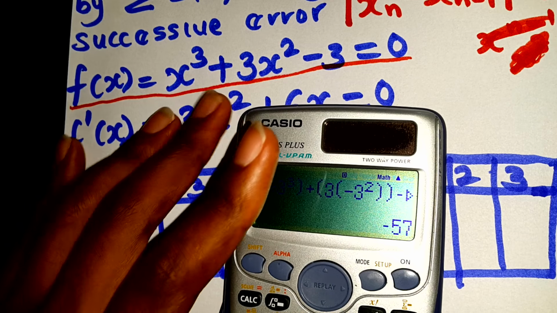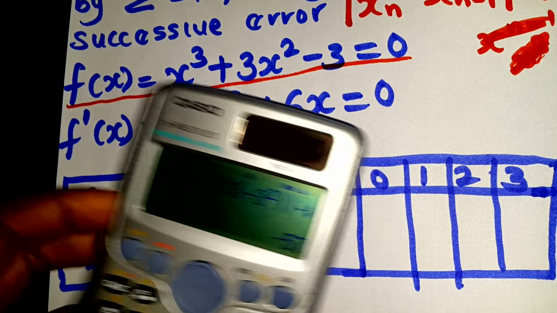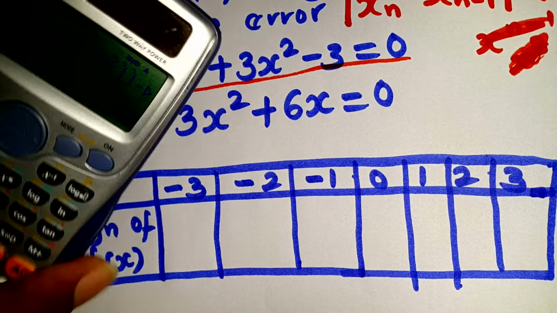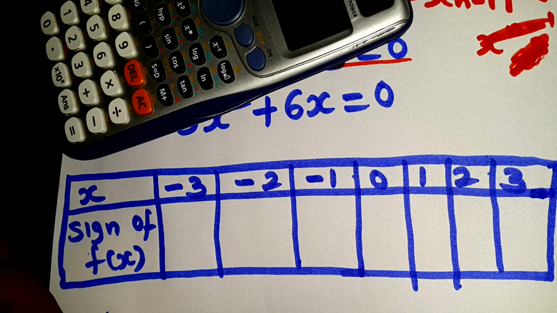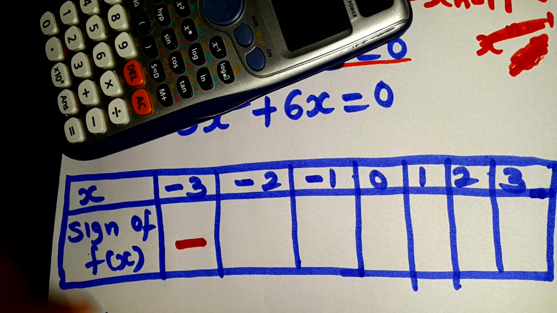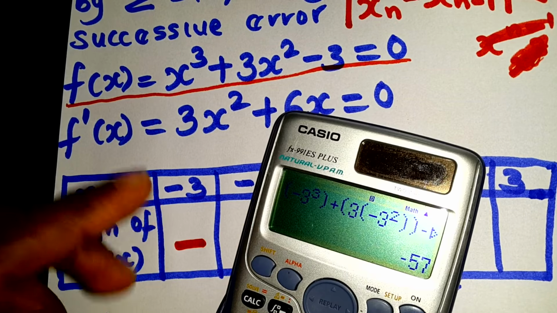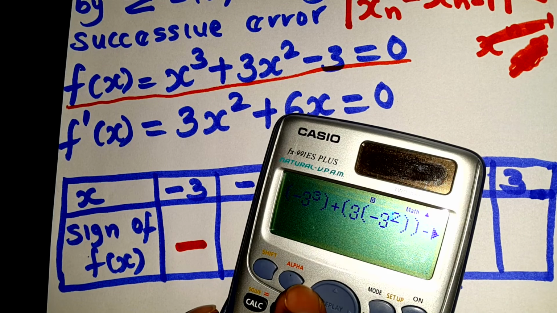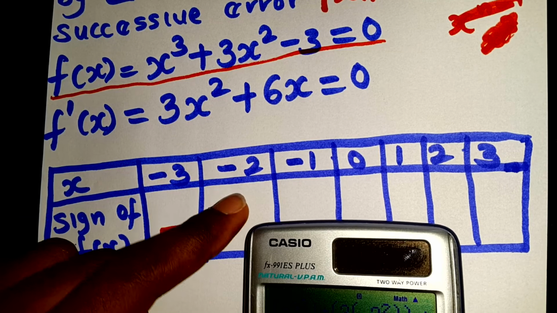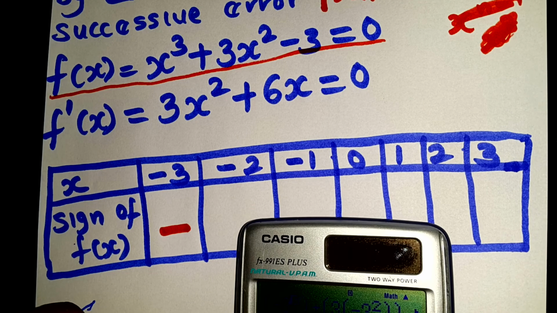So our answer is a negative number, so we just put our sign here, which is negative. Then here I will adjust this. I will put minus 2, because after minus 3 is minus 2. So we put minus 2 here.